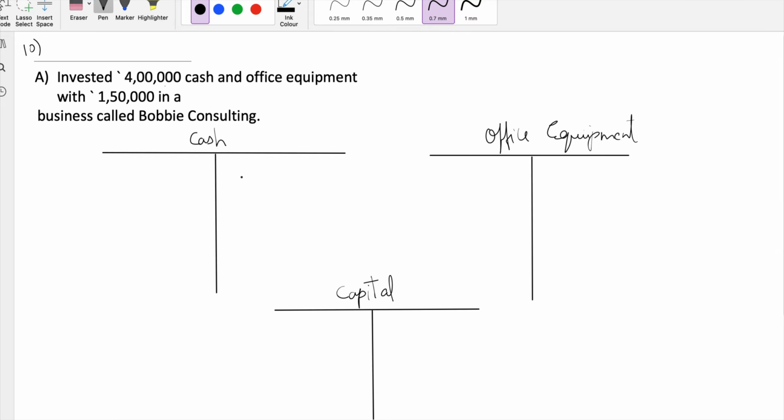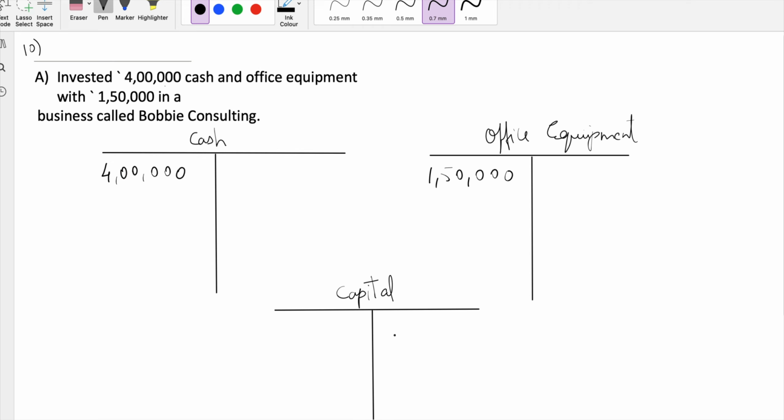Yes. Now cash account, cash is an asset, so increase in asset will be debited. So 4 lakh will come on the debit side. Okay, office equipment, again that is also an asset, so 1,50,000 will be debited. And capital, so a part of capital has come in the form of cash and a part in the form of office equipment.